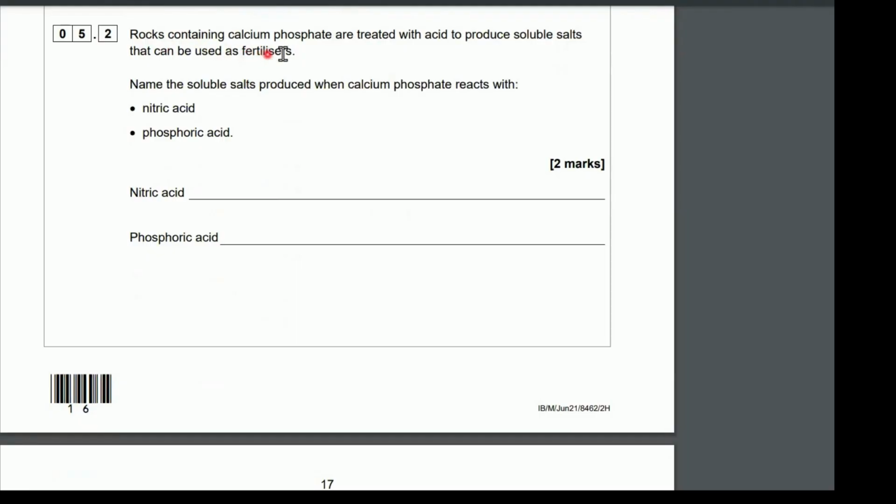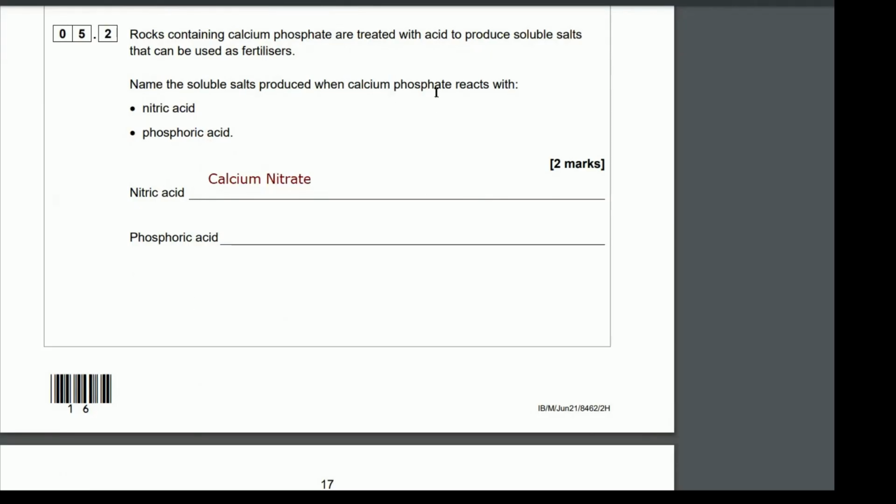5.2. Rocks containing calcium phosphate are treated with acid to produce soluble salts that can be used as fertilizers. Name the soluble salts produced when calcium phosphate reacts with nitric acid and phosphoric acid. When it reacts with nitric acid, all nitrates are soluble, so we get calcium nitrate.